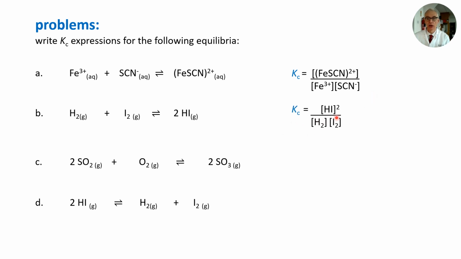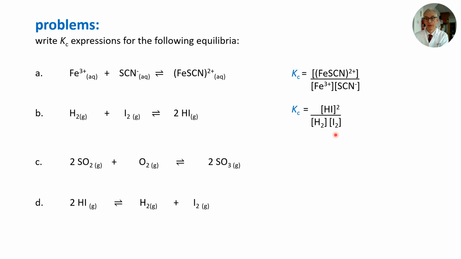Let's look at the next example. Kc is concentration of hydrogen iodide squared, because the right-hand side is hydrogen iodide with a balancing number of 2, and the left-hand side, hydrogen and iodine concentrations raised to the power of 1. Now, it may be that you need to pause and try the next two and make sure you get those right before we move on.